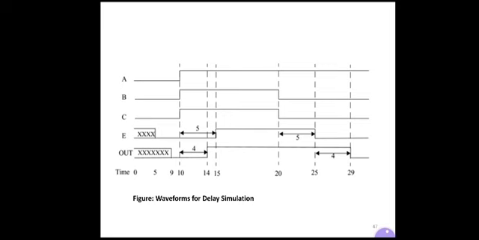Here E changes value to 0 after 5 time units from the transition of B and C. After that, once the 5 time units have elapsed, the value of E changes to 0, and the output, that is out, transitions to 0 after 4 time units after E changes. So this is how the waveform is simulated.